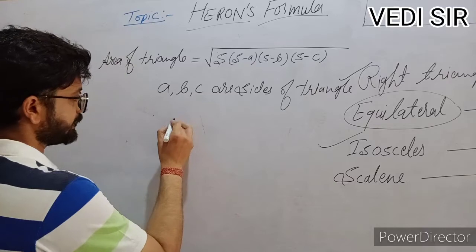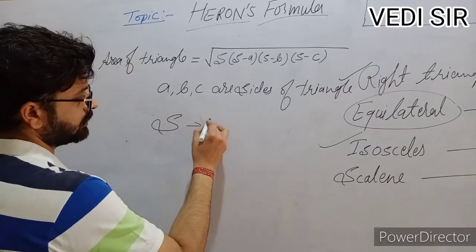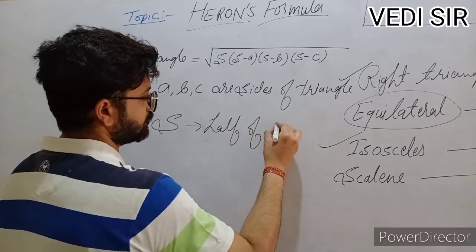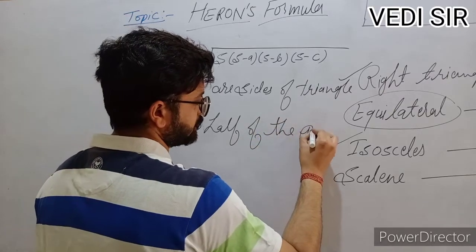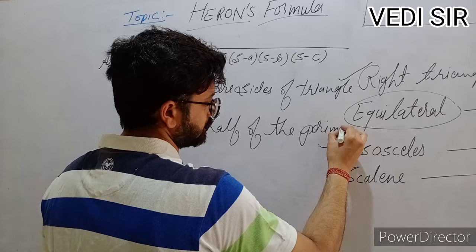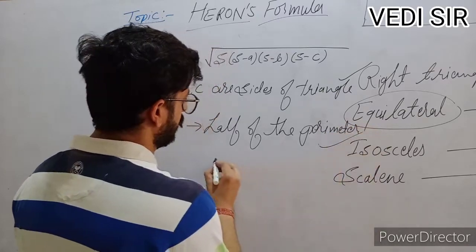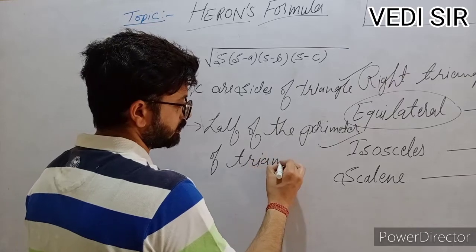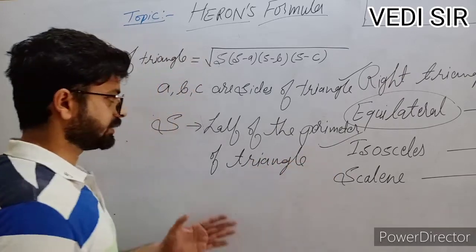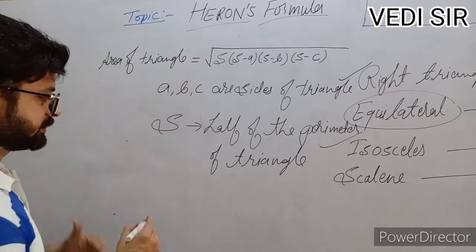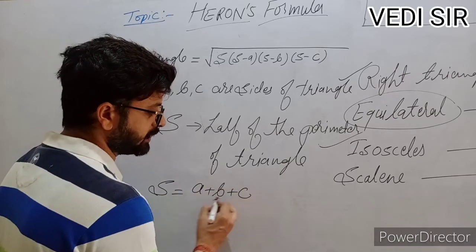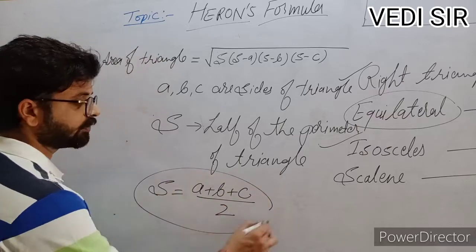And S is half of the perimeter of the triangle. If you are wondering what is half of the perimeter, we simply calculate A plus B plus C, which is the perimeter, divided by 2. This is half of the perimeter.